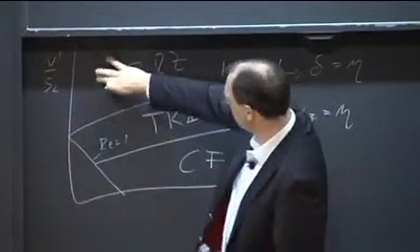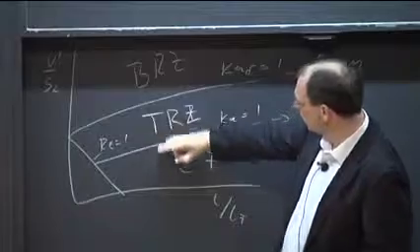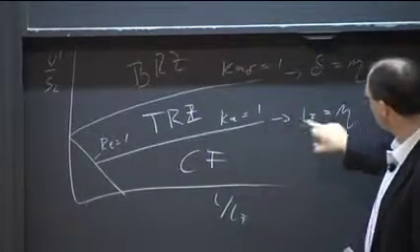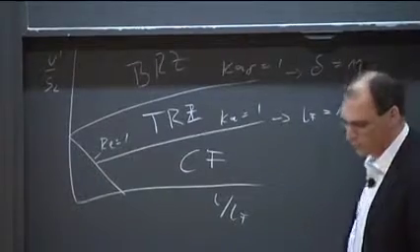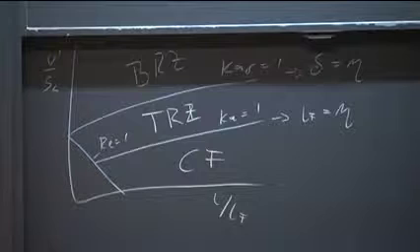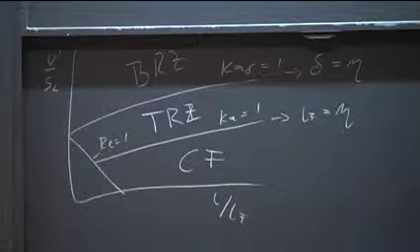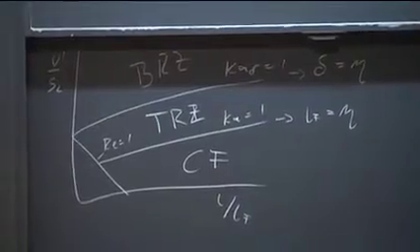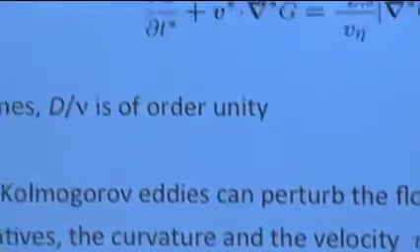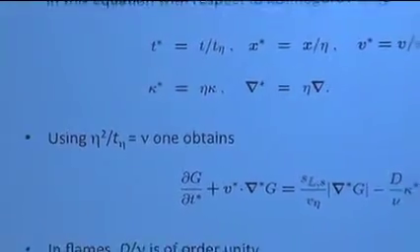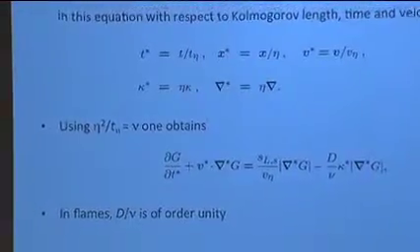So here we're not valid anyways, and so we want to look at how these equations in these two regimes come together, and for that distinction, the Kolmogorov scale is very important. And so that's why we non-dimensionalize this whole thing with the Kolmogorov time scale, length scale and velocity scale.